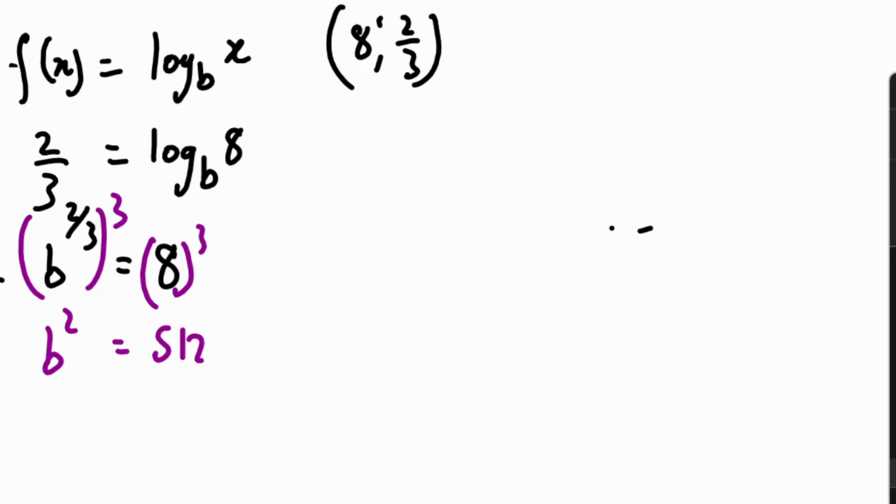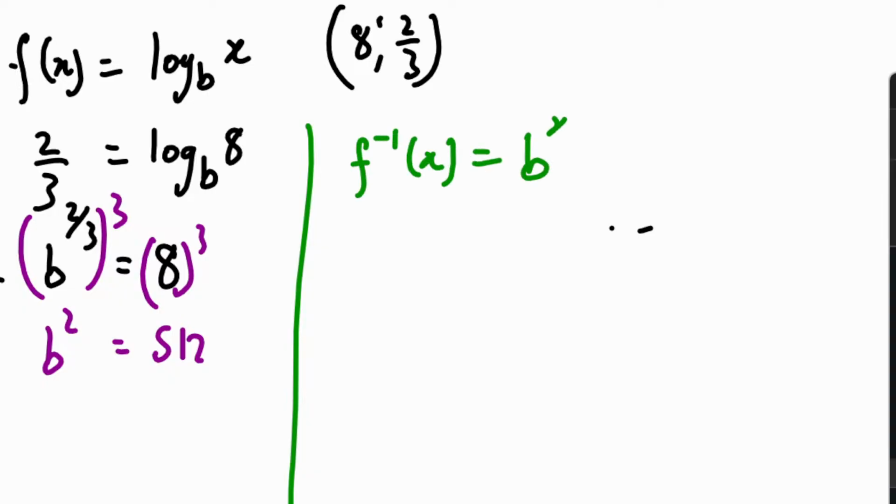Another way to go about it will be, well, let me take the exponential. If I take the exponential, in other words, the inverse, we said the inverse will be b to the x. And I think this is one which most of you will relate to. Now, when you take this one, please take note, then your coordinates will be 2 over 3 and 8. So just watch out there. It's very important that you note the switch here.